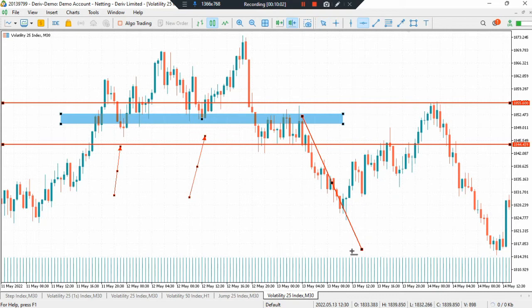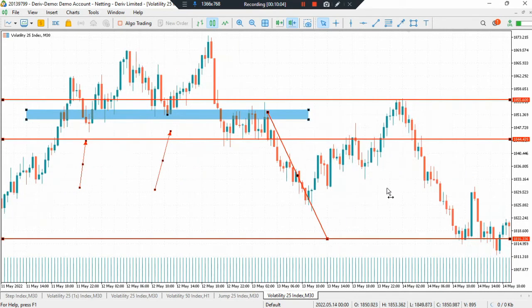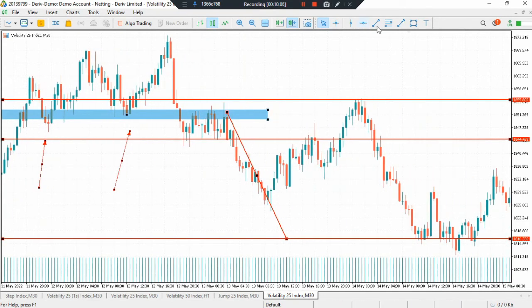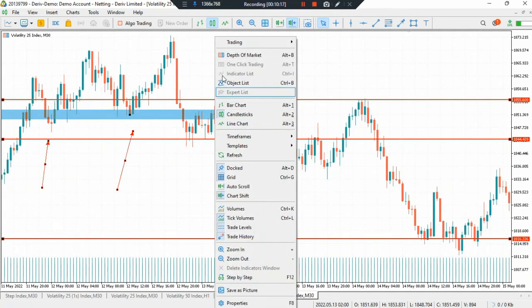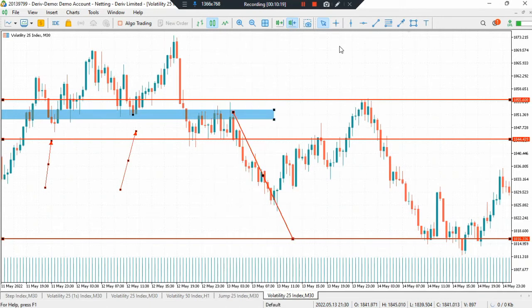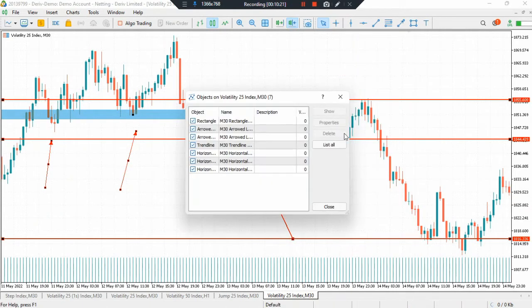Then this is our overall target. So as you can see, the trend came down, then it went up, retested again, then it finally came down. So this is how you utilize this method to look for sell positions.